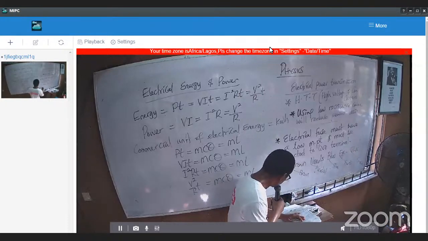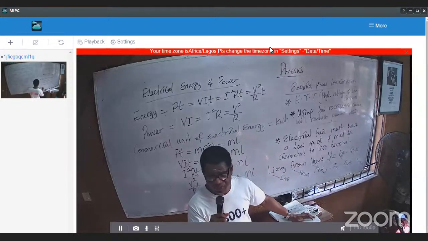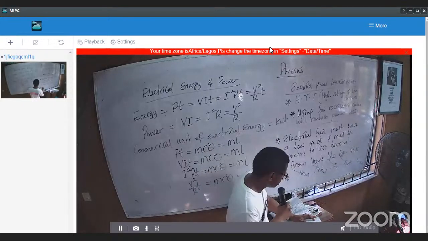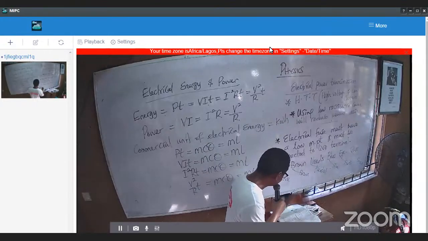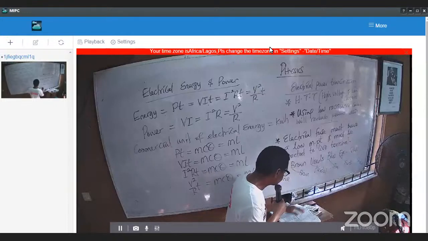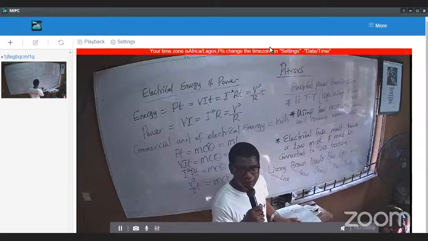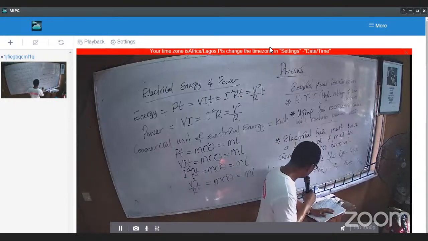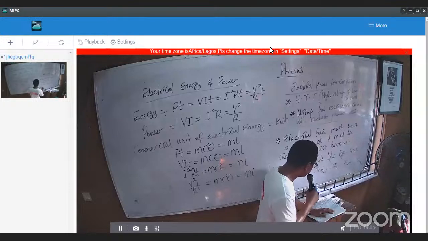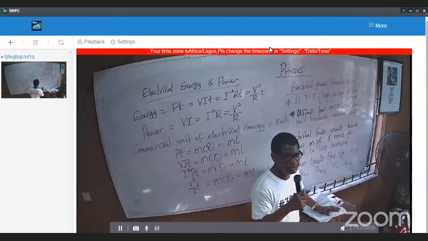Question 2. A 12 ohm resistor dissipates 8 kilojoule of heat in 20 seconds.